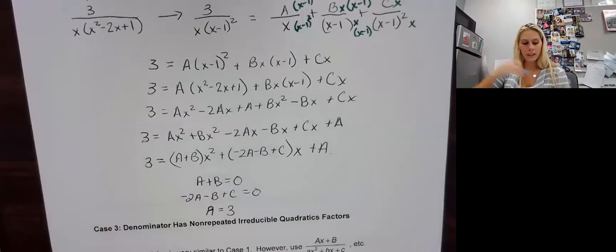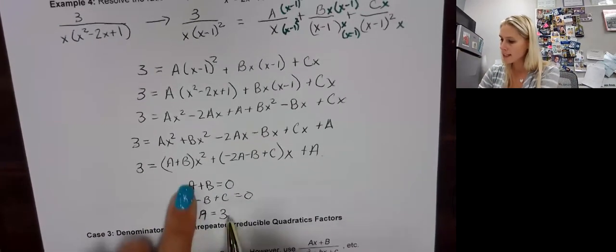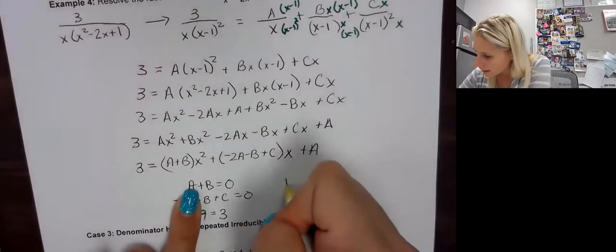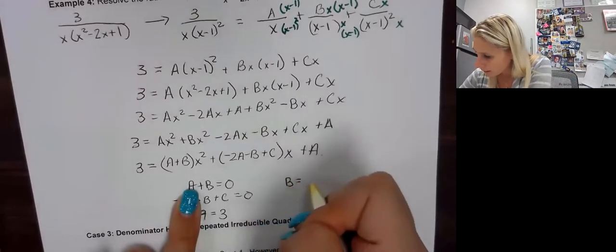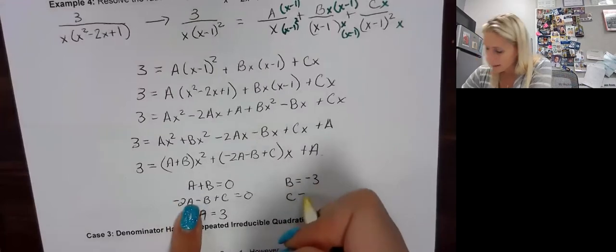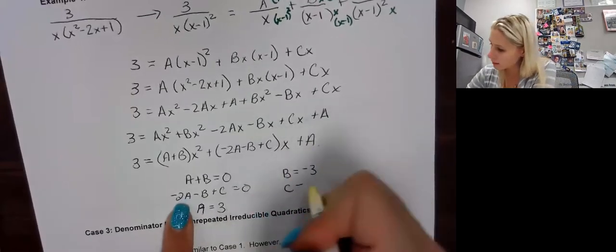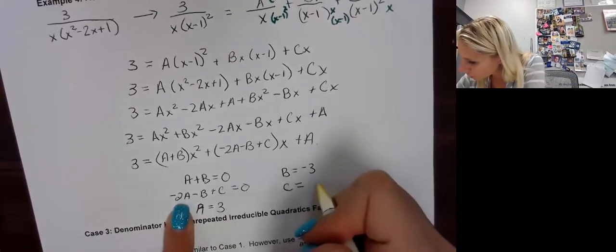And that allows us to go and substitute back in to make sure we have everything. Because if a is 3, b must be negative 3. And when we plug into the bottom here, let's just do this, right?